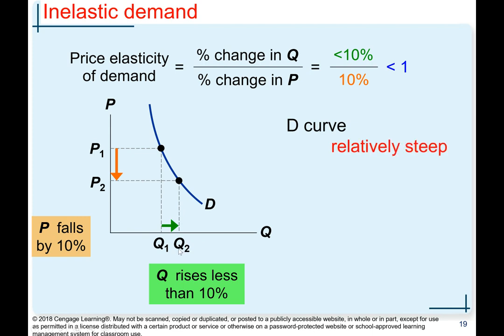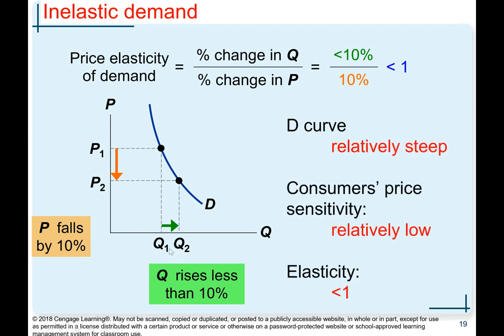And quantity changes from Q1 to Q2, a rise of 10%. Demand is relatively steep, as you can see. Consumer price sensitivity is relatively low. And therefore, elasticity is less than 1. Inelastic.